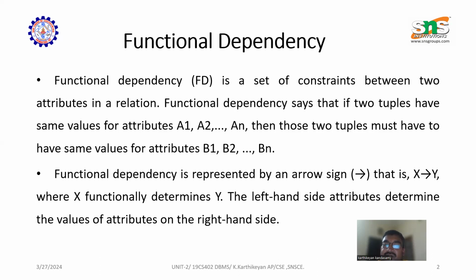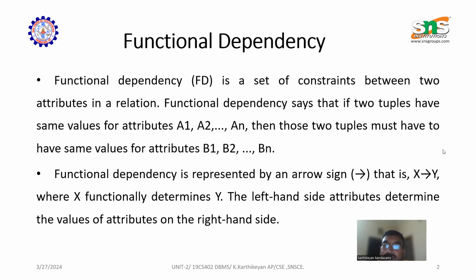Functional dependency is represented by an arrow sign, that is X → Y, where X functionally determines Y. The left hand side attribute determines the value of the attribute on the right hand side.